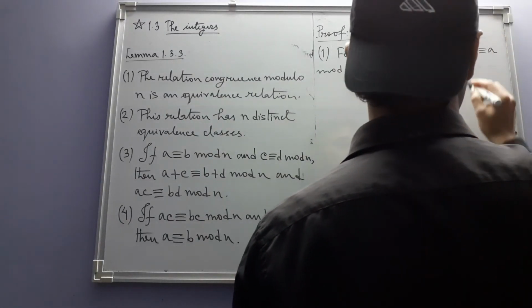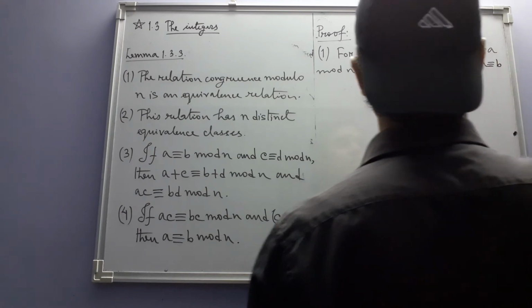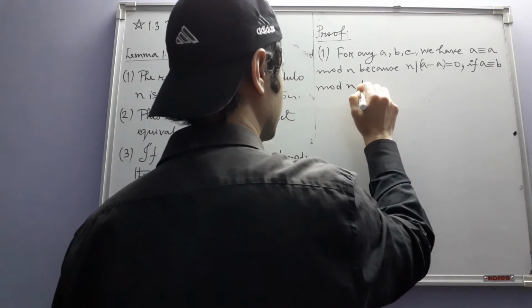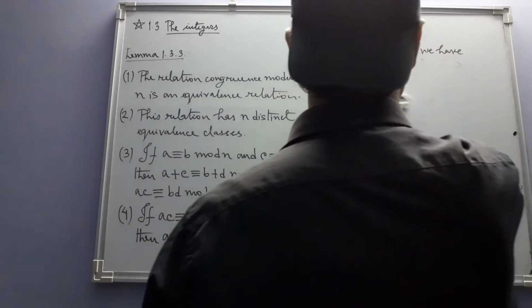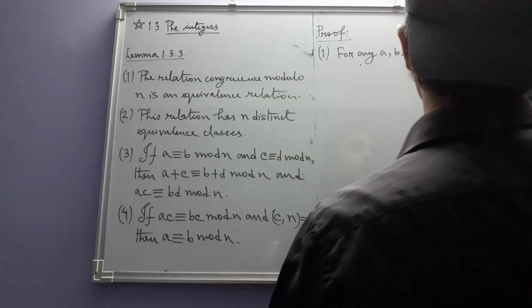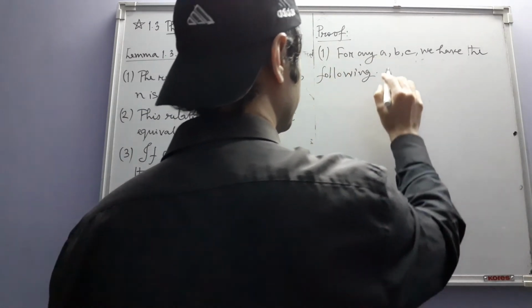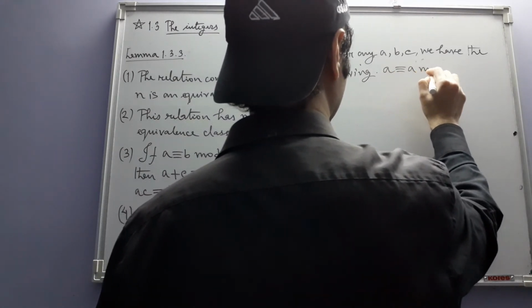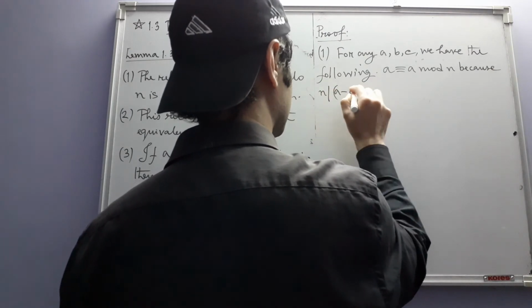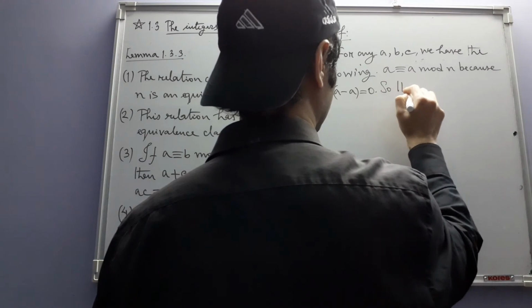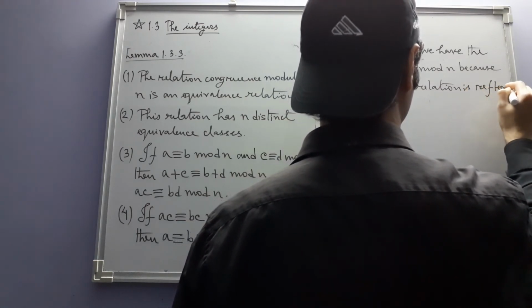So we have the following: a is congruent to a mod n because n divides a minus a, which is equal to 0. So the relation is reflexive.